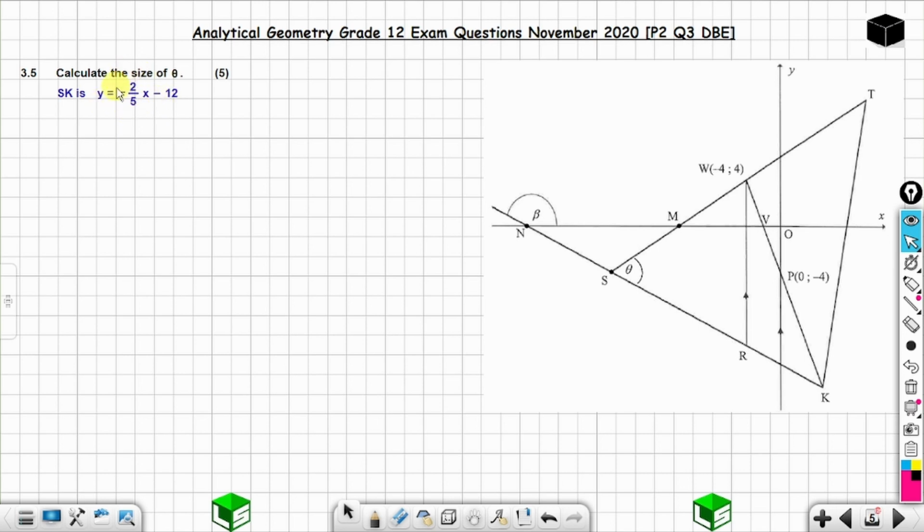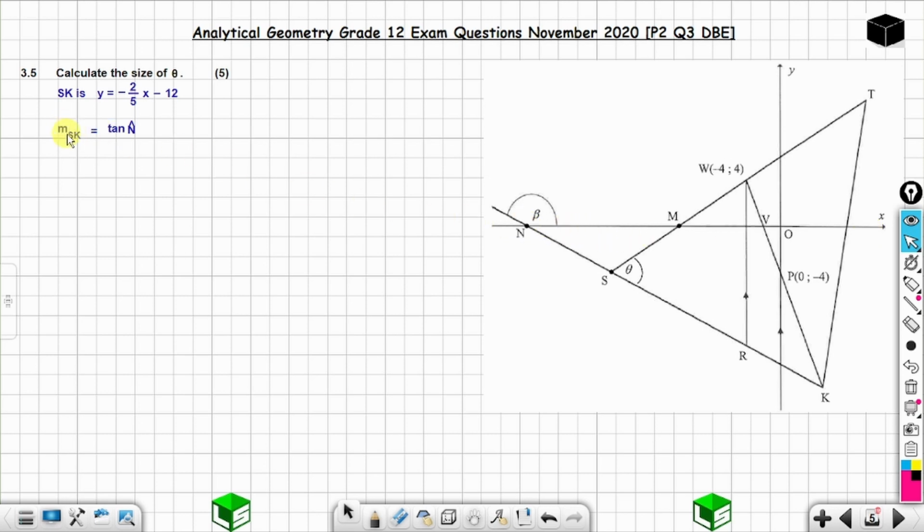Now you can see the gradient is negative 2 over 5. The equation is given in the form mx plus c. You know from linear function, the gradient of the line SK is equal to the tangent at n, where the line SK intersects the x-axis at n.